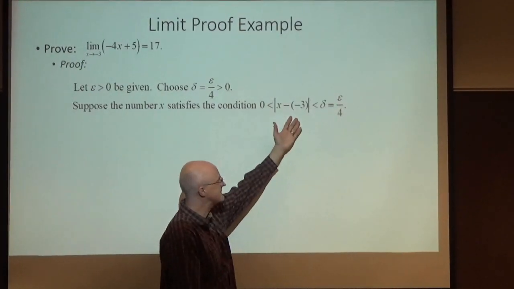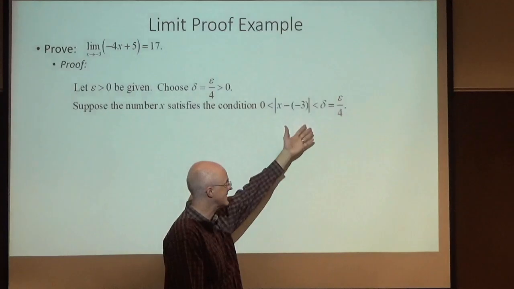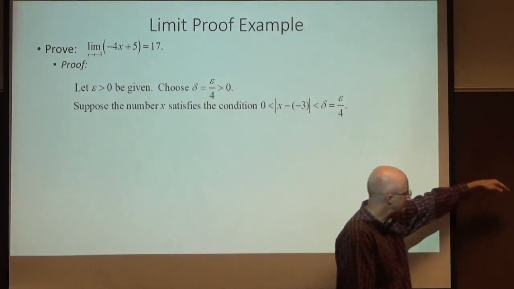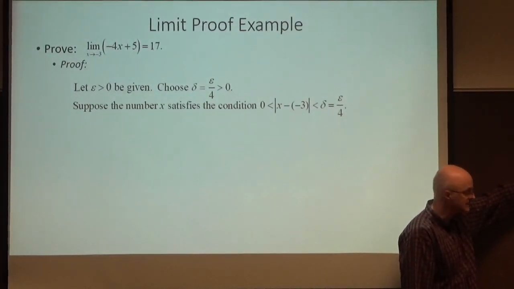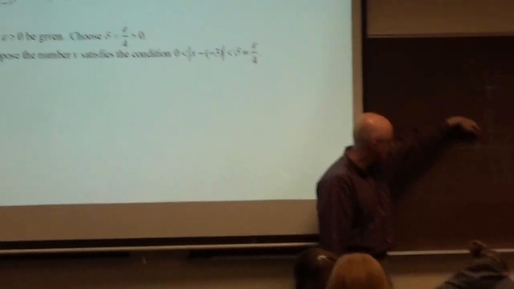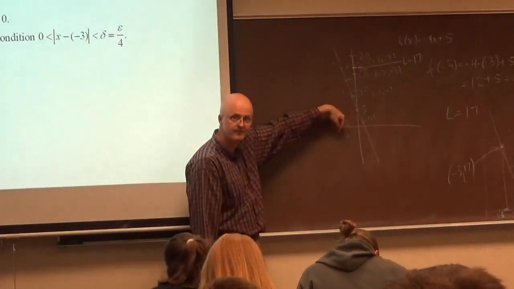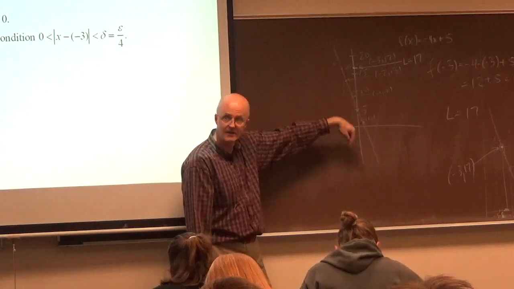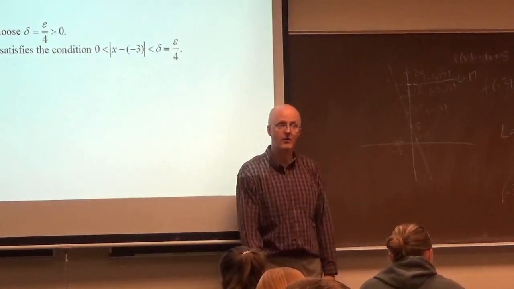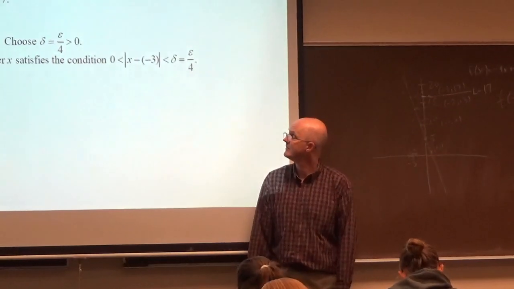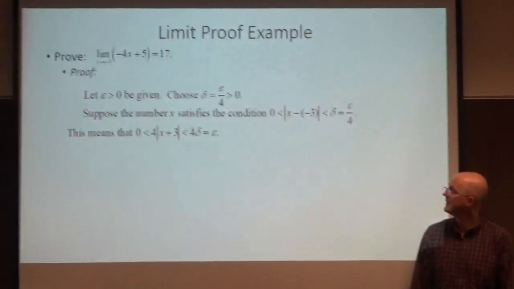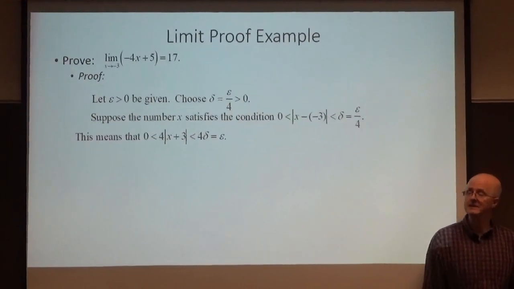That's saying the distance between x and negative 3 on the number line is less than delta. Think about this picture. The distance between x and negative 3 is less than delta. It's in this interval somewhere. Where delta happens to equal epsilon over 4, because that's how I would define it. Now you just need to tease out what this means.